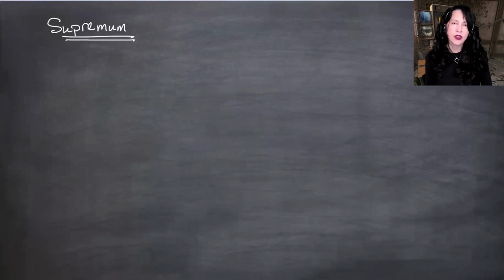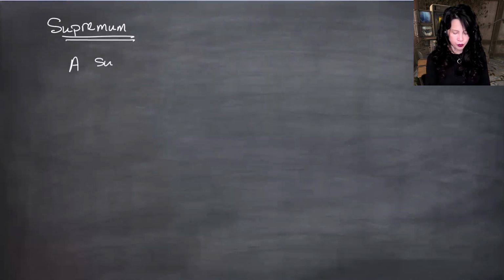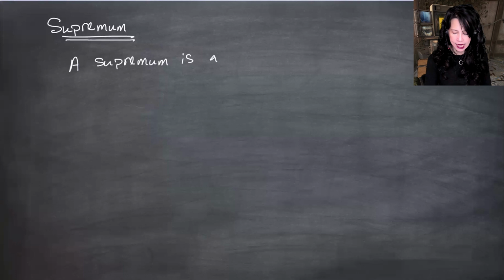But before we do an example, I just want to talk about supremums really quickly. Those maximums should technically be supremums. So a supremum for a set of numbers is a least upper bound.